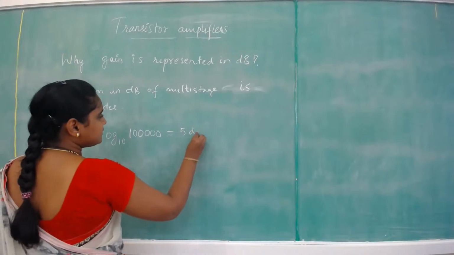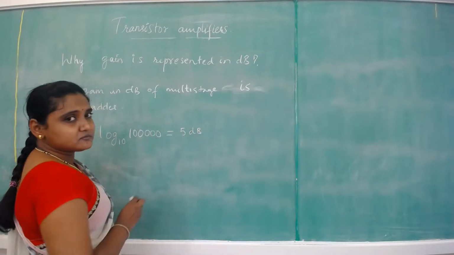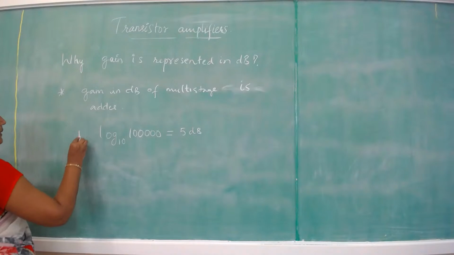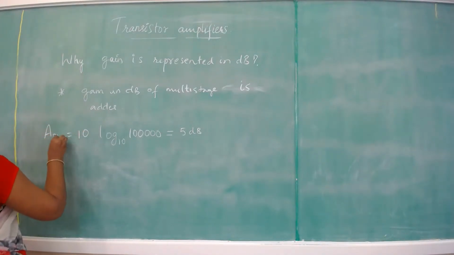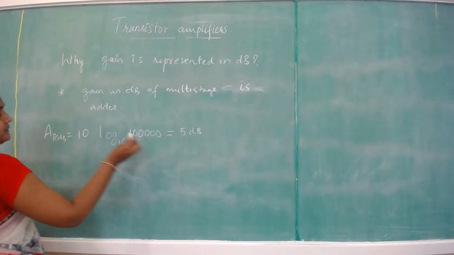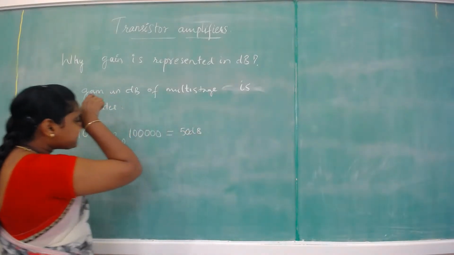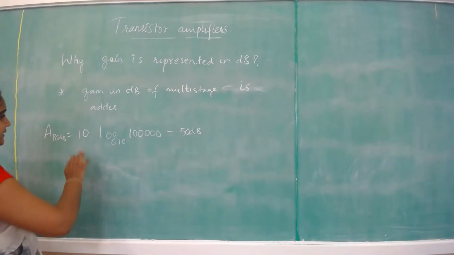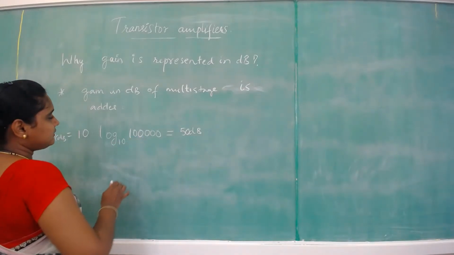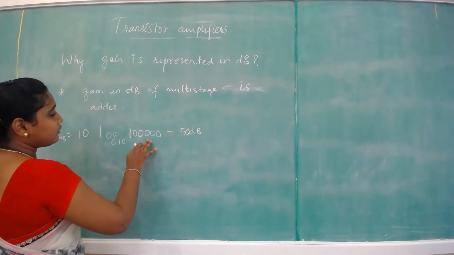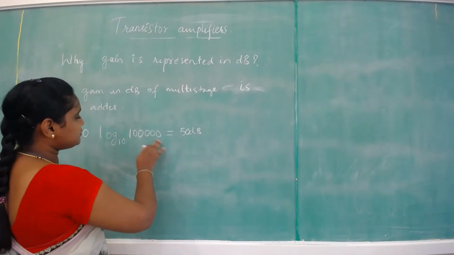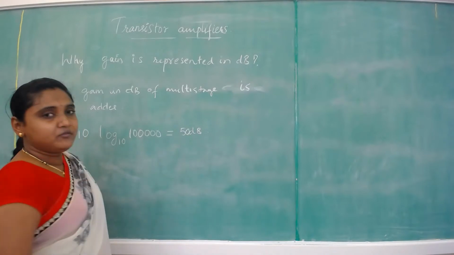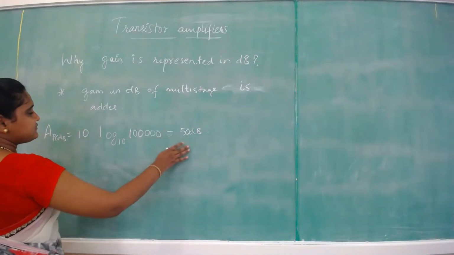In terms of power gain, 10 times log to the base 10 of this number is 5, and into 10 is just 50 dB.